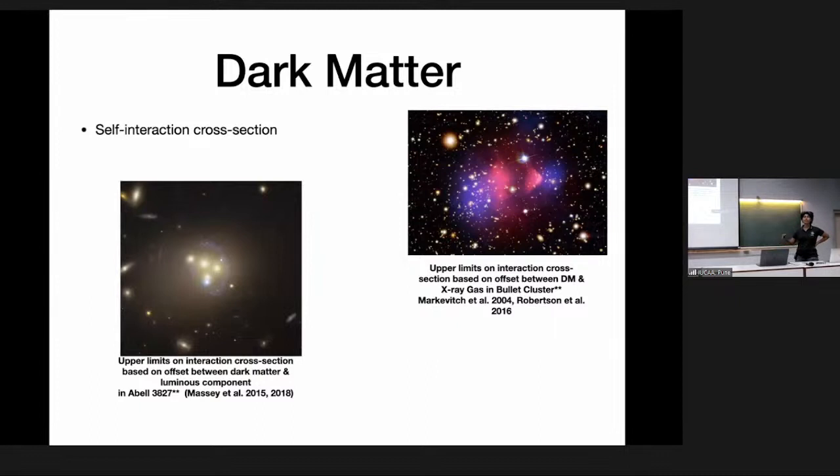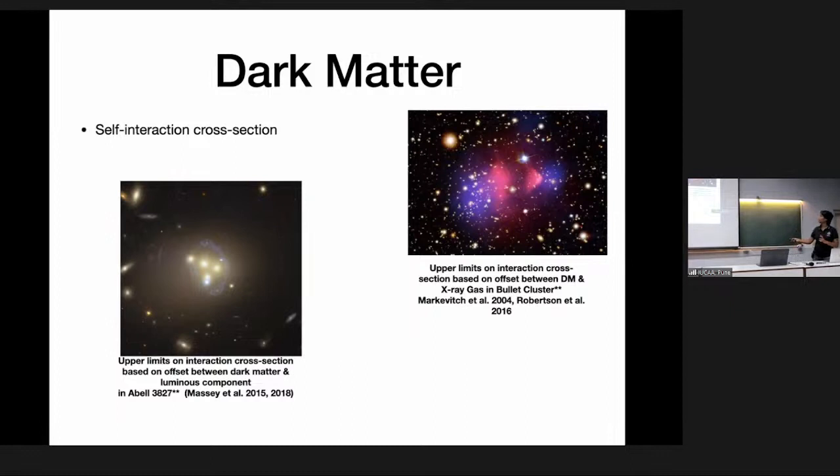Here I'm showing a slightly different case, where we are looking at a system which consists of multiple galaxies which are close together, and there is only a single gravitational set of images formed of a single background source. This is unlike the previous study, but it also helps you to measure this offset between the dark matter and the baryonic component.